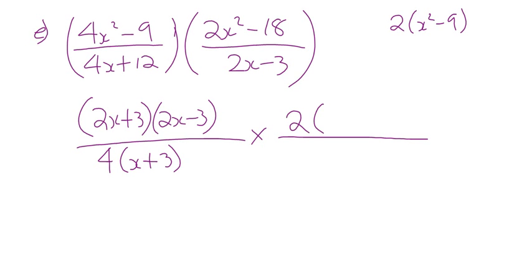Now, how does x squared minus 9 factor? X plus 3, x minus 3. Okay? And on the bottom we've got 2x minus 3. So if I have binomials, I like to throw a set of parentheses around them, right? Just bracket them all.